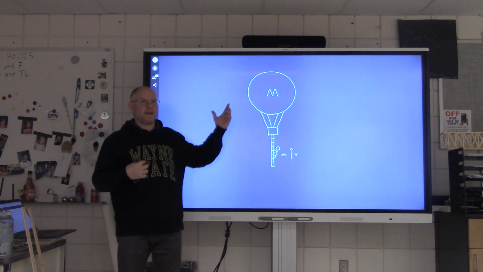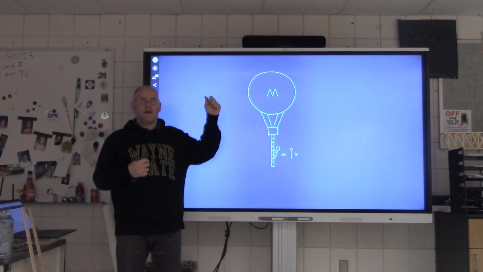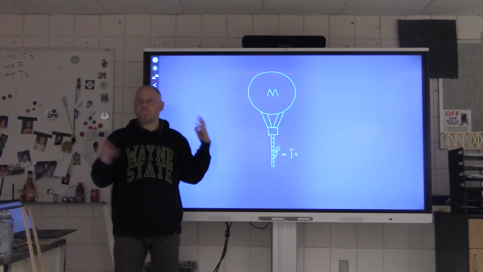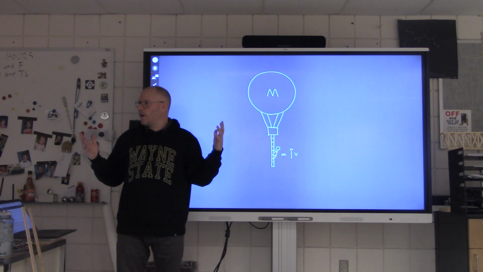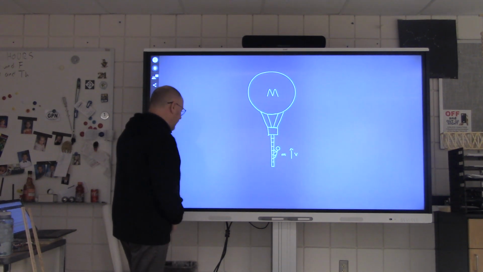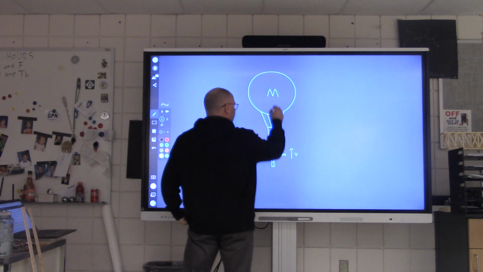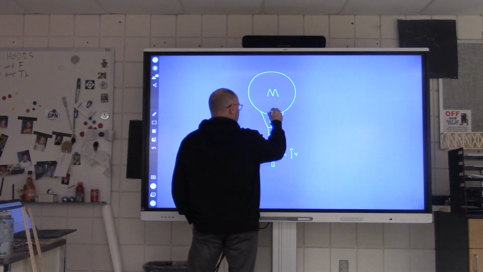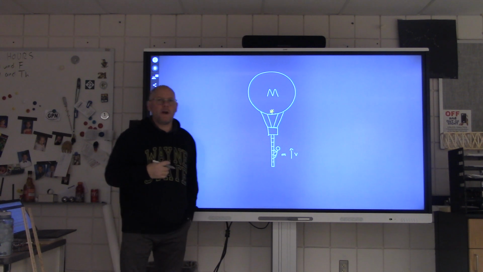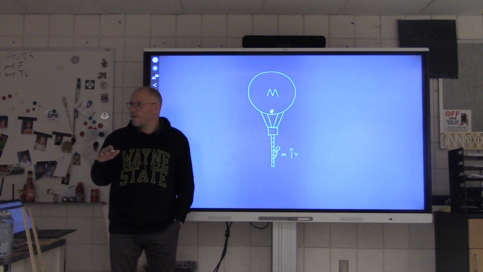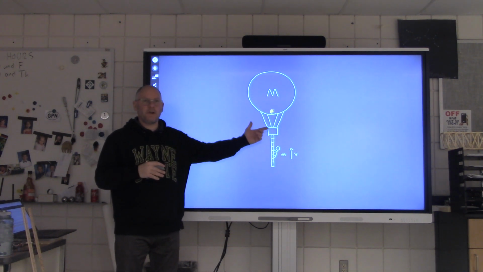And then think about this. When we start this, it's motionless, true? So what do you know about the center of mass? Its velocity is 0, correct? Let's say the center of mass is here. Where does the center of mass have to stay? Right there, because all the forces are internal.